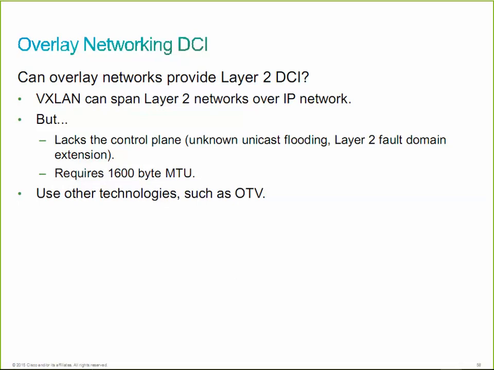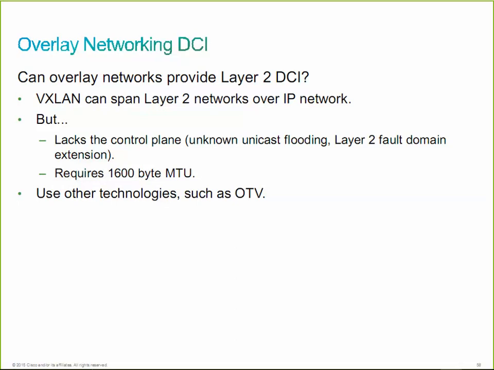You know, supporting jumbo frames inside of the data center, that's not that difficult. In fact, it's readily available. We can do that all the time. But that may not always be the case on IP connections between our data centers. So I would say, based on all those things, that VXLAN is not really considered a DCI technology.